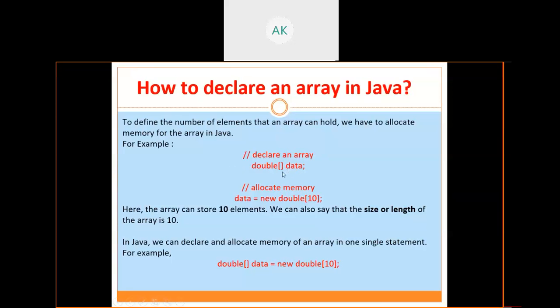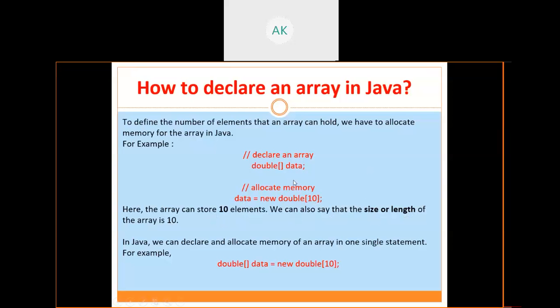If I want to specify the size of this array, then I take the name of the array, data, new, that is in order to allocate the memory, then of type double, and the maximum size is 10. So now this particular representation is indicating that the array can store 10 elements.